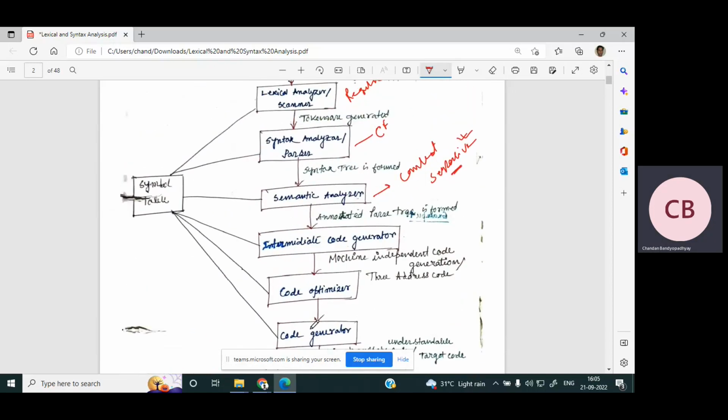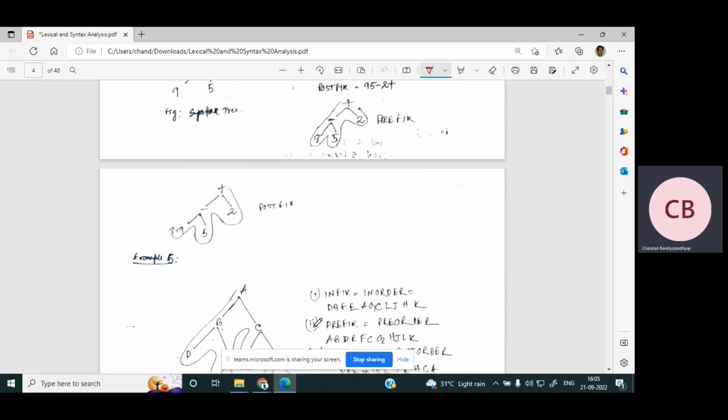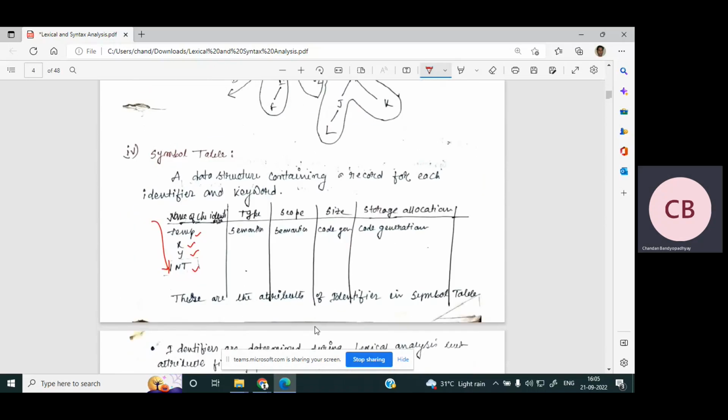I also said at the time that a symbol table may contain thousands of columns considering different properties like type, scope, size and storage allocation.